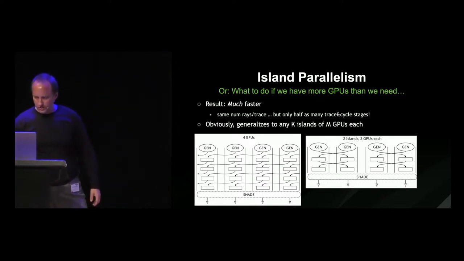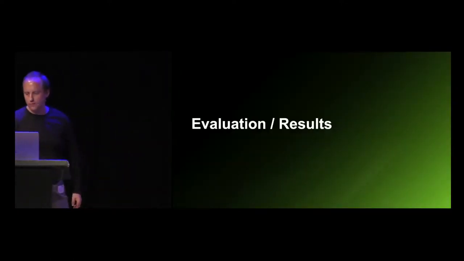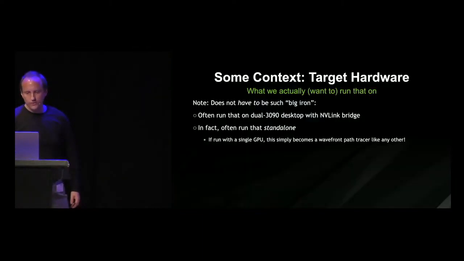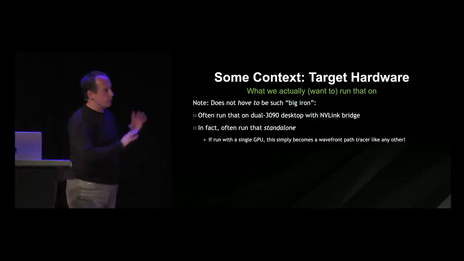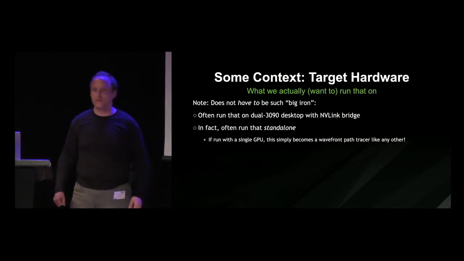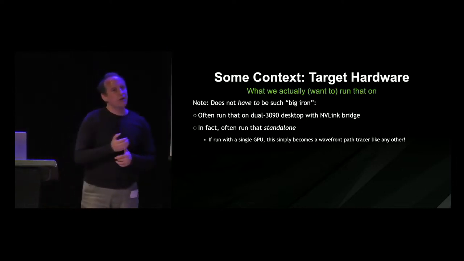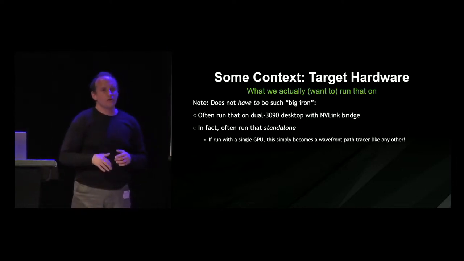Talking results, let's have a quick look at what we evaluated. The first thing I want to say is, we also did an evaluation on the big irons, like the DGX and RTX servers and whatnot. But one important takeaway here is, if you don't have that, and if you don't need that, your renderer is but a simple wavefront path tracer.